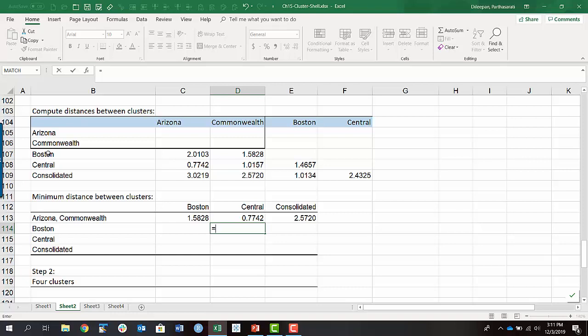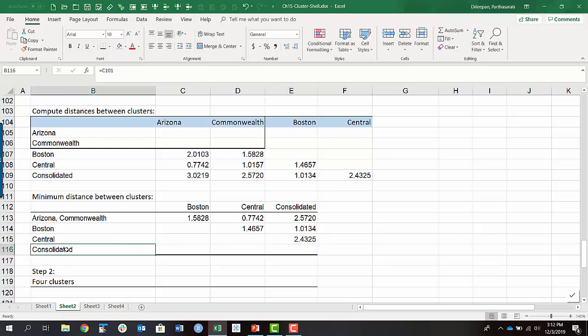Boston to Central will be that. Boston to Consolidated will be that, and then Central to Consolidated is that. So you don't need that again. All right, these are the distances.